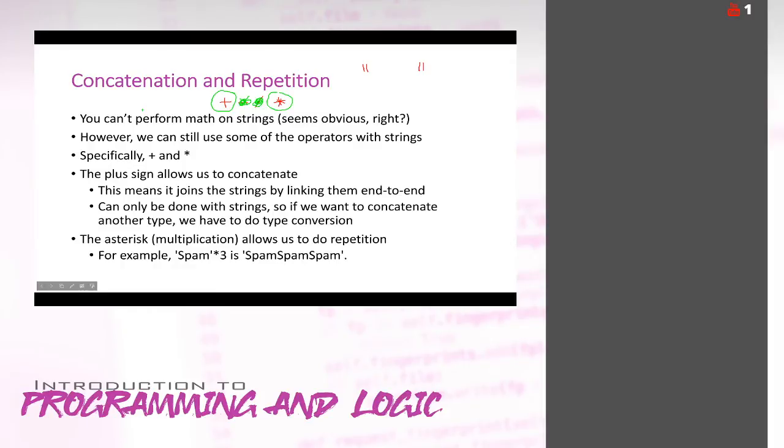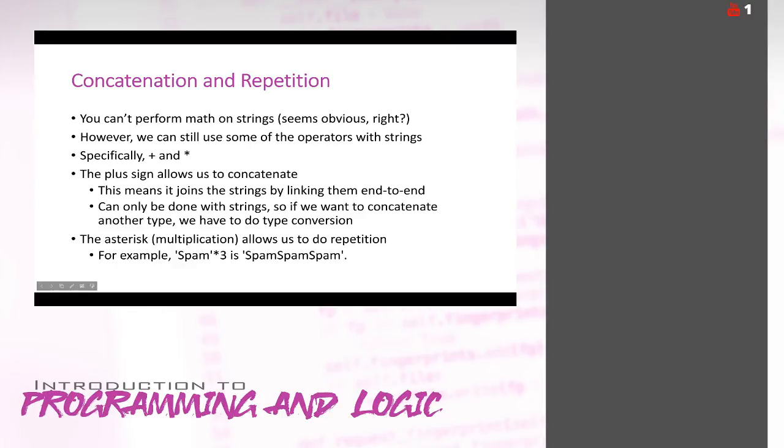Because in the last module you used Python as like a calculator, and you used these operators, and they did math for you. But we can't do math with strings, we've said. So the plus sign allows us to do something called concatenate.